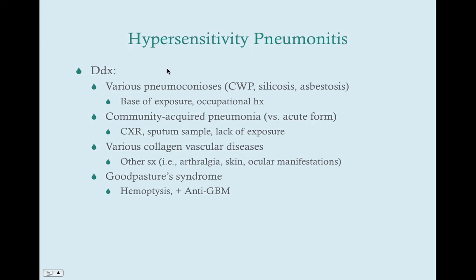Hemoptysis should never present in the pneumoconioses or hypersensitivity pneumonitis. Generally, there's no vascular damage. Now, of course, it can get that bad, but it generally doesn't. So if you have hemoptysis, you should be thinking of things like Goodpasture syndrome or something else rather than the pneumoconioses and hypersensitivity pneumonitis.